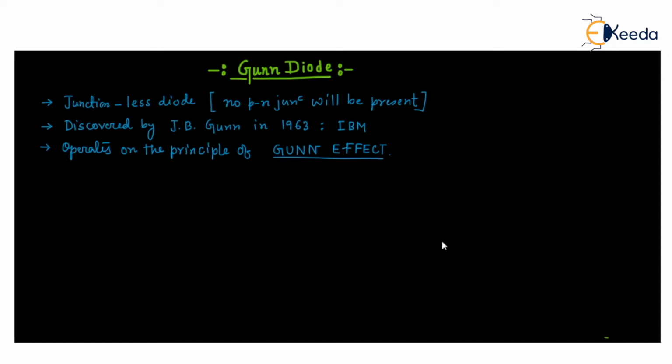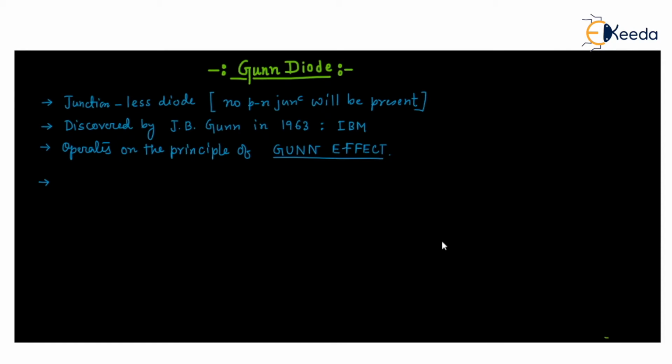Now, generally, the Gunn effect is a special phenomenon that occurs in a semiconductor. But if the Gunn diode does not have a junction, then what does the Gunn diode constitute of?